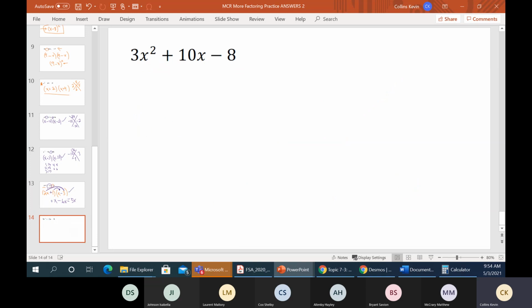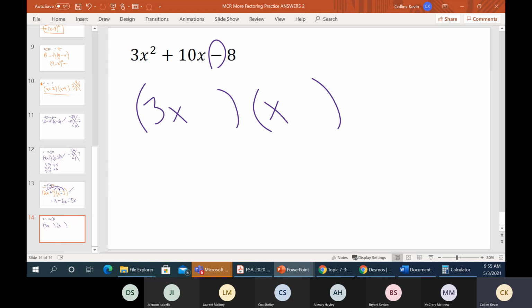Okay, so again, the nice part is with a 3, there's only one way to do this. You have to have a 3x and an x. So we'll go ahead and set up shop. We're going to have a 3x and an x. All right, so again, this tells us we're going to have a plus and a minus, right?